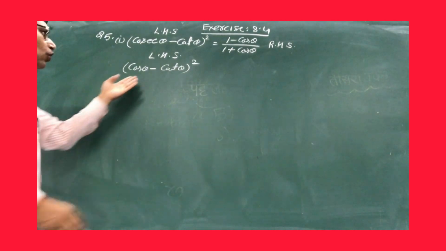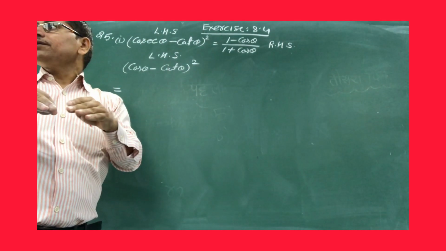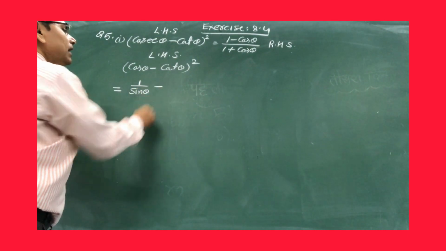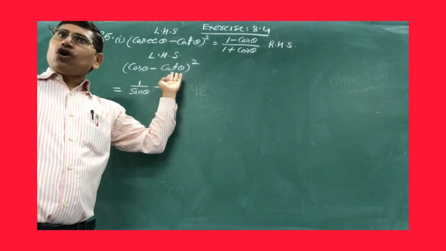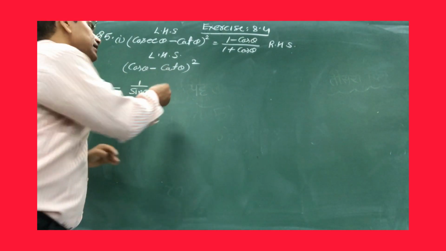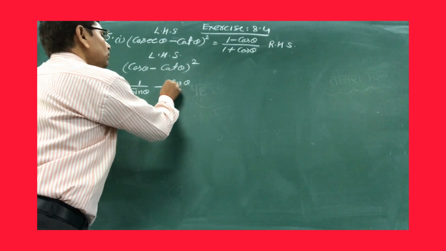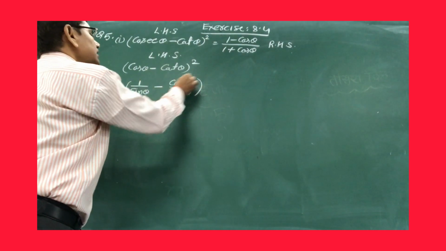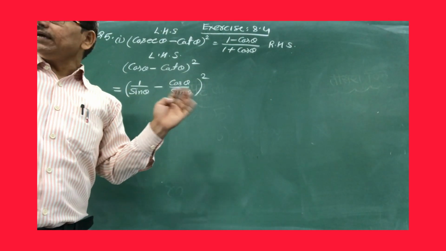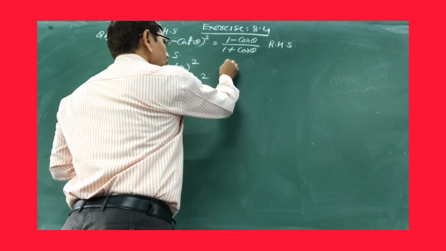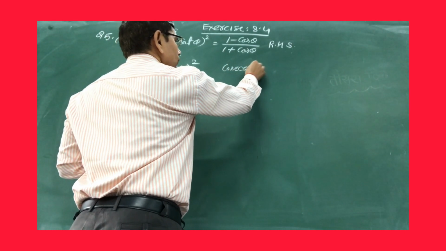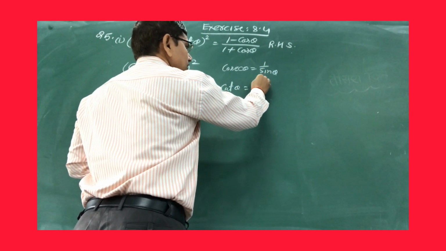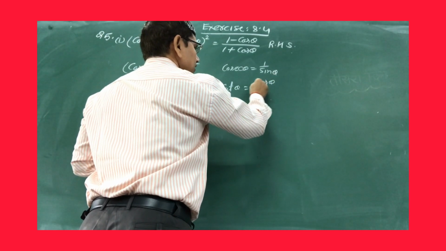You can write cosec theta equal to 1 upon sin theta, and cot theta equal to cos theta upon sin theta.